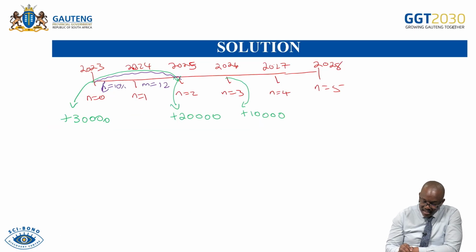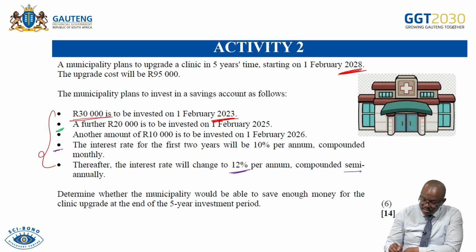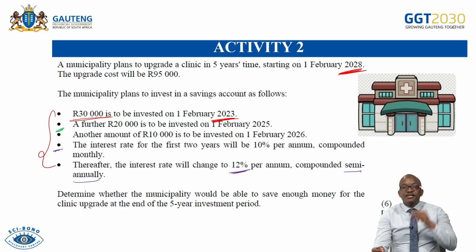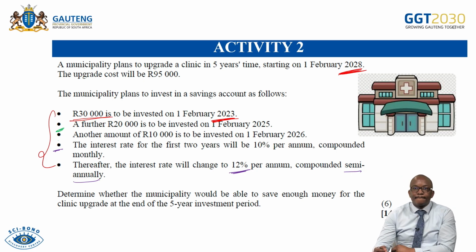It means for the remaining 3 years, your interest has changed to 12%, and the compounding period is semi-annual, which means 2 times a year.